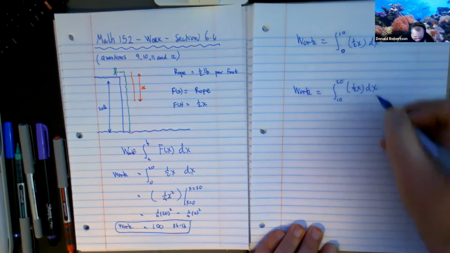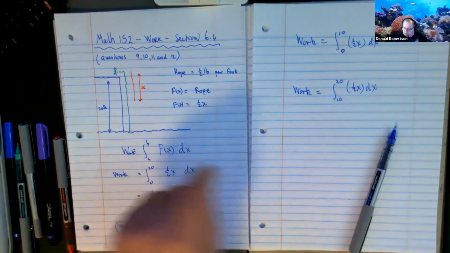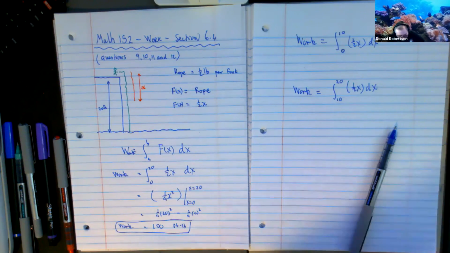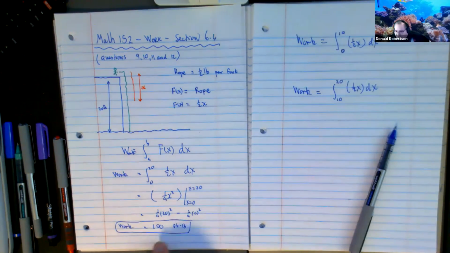Wouldn't these two calculations represent how much work to pull the rope halfway up, and the other one, how much work would be done to finish the job? Would you expect these two numbers to be 50 and 50?